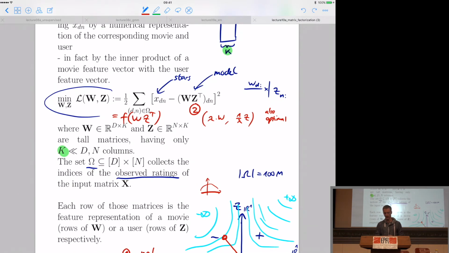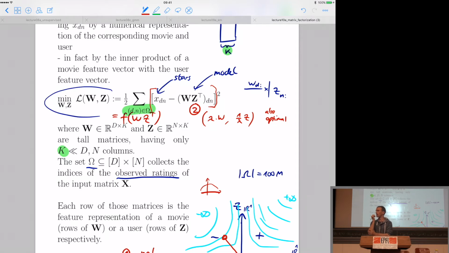Actually, if this set omega, the entries which you are actually observing, is all the entries, then what's the cost function? Can anybody give me that cost function in that special case? Then I sum up over all the entries the squared difference.